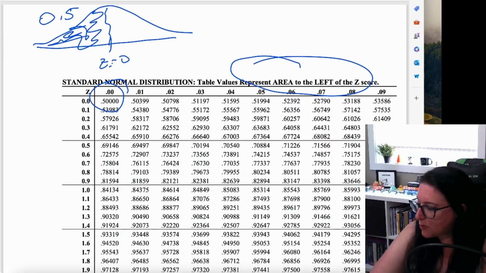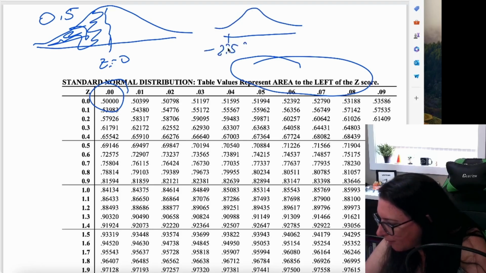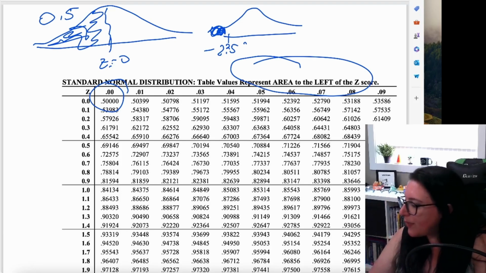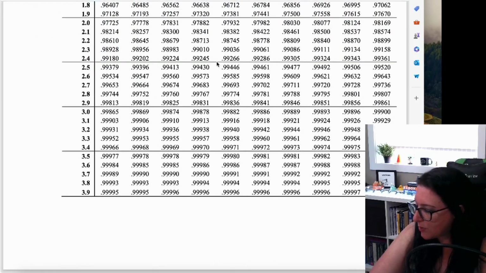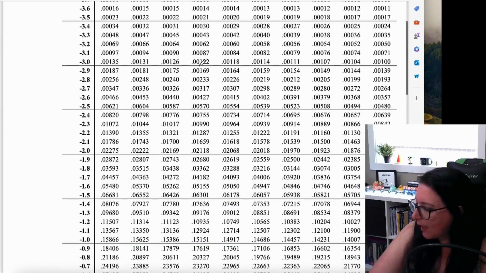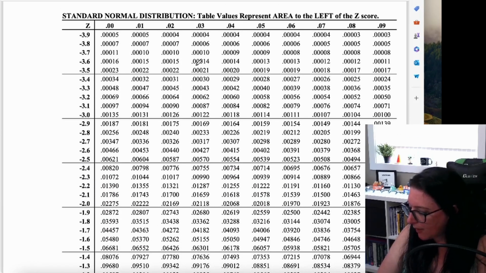All right, so in our case, we want to find negative 2.25, and we want to know less than negative 2.25. So we want this area out here in the tail. So this type of table that says area to the left is going to be helpful for us, but we need a negative 2.25. So we go to the table and we pick the page that has got the negatives on it, negative 2.2, and we're looking for 5.